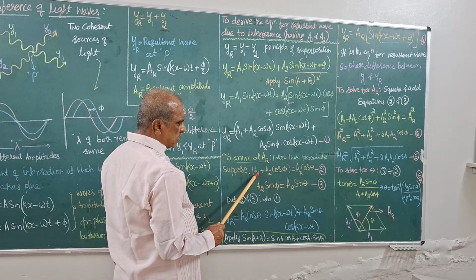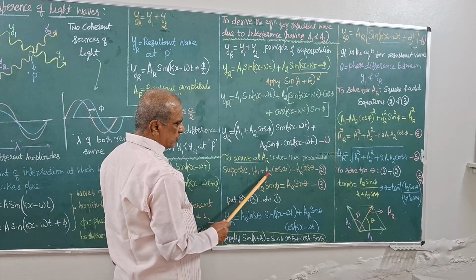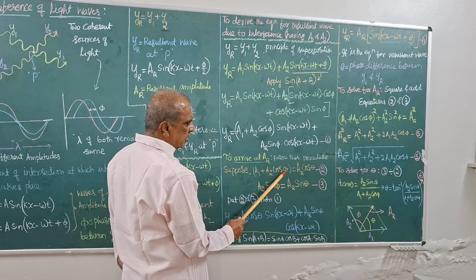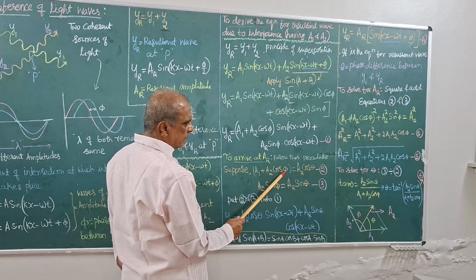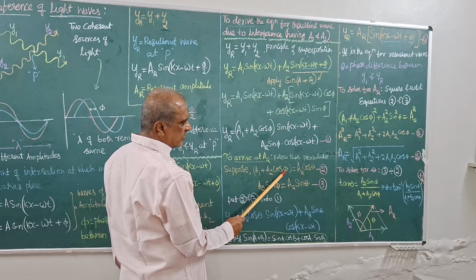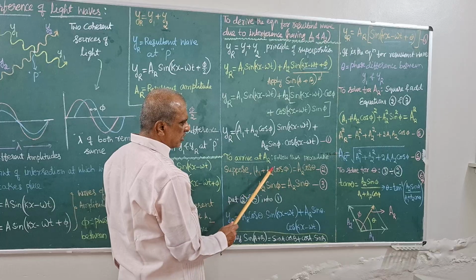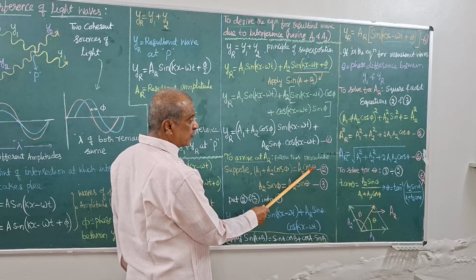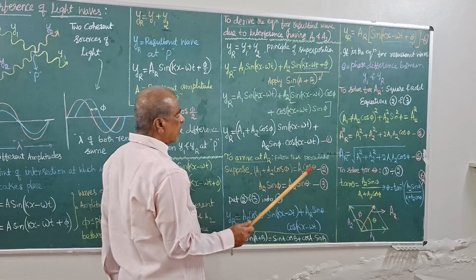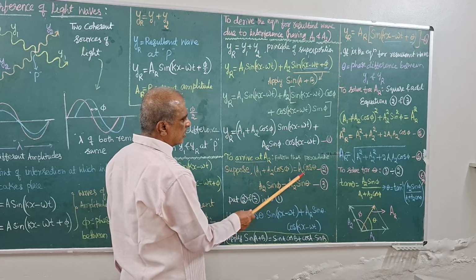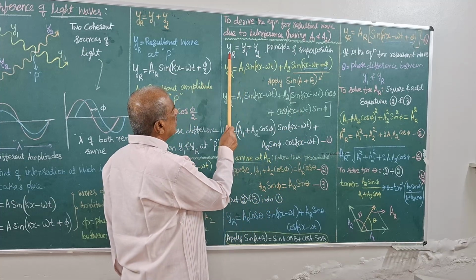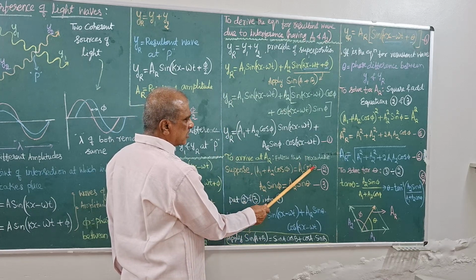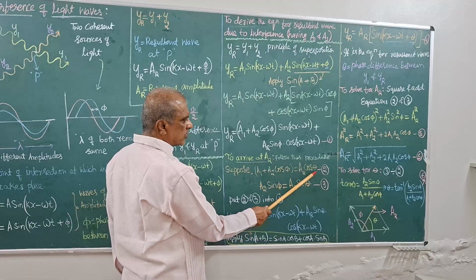Here A1 and A2 are the amplitudes of the individual waves, AR is the amplitude of the resultant wave, phi is the phase difference between y1 and y2, and theta is the phase difference between y1 and yr. A new symbol has come. This theta is different from phi. We are introducing theta.